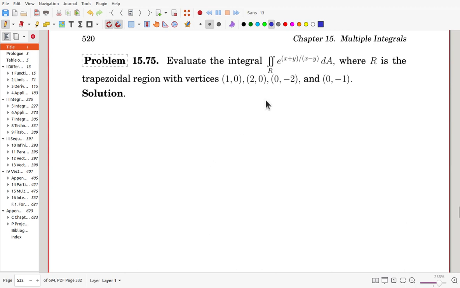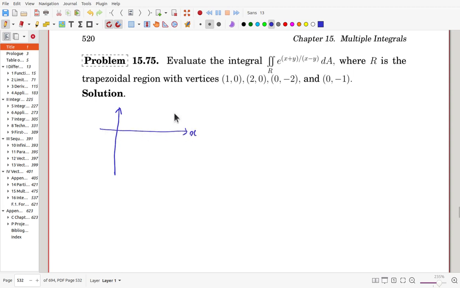Evaluate the integral where R is a trapezoid region with 4 vertices. Let's first visualize the region R. This is the y direction, that is the x direction.